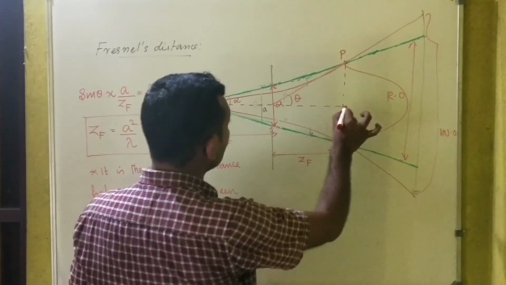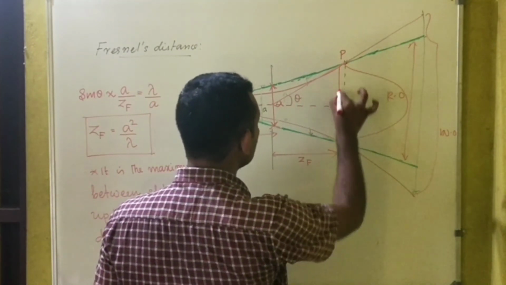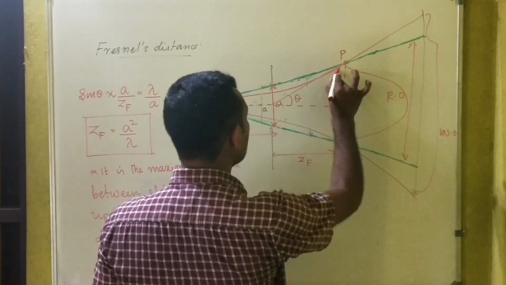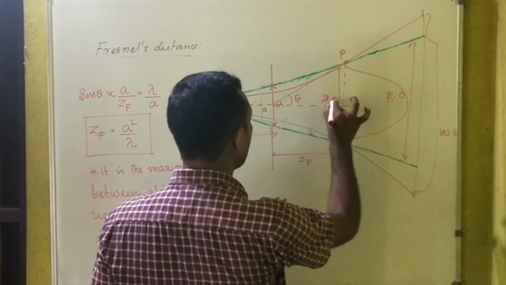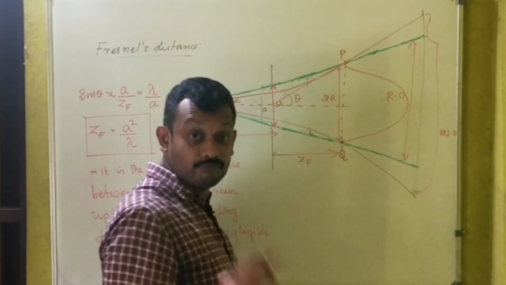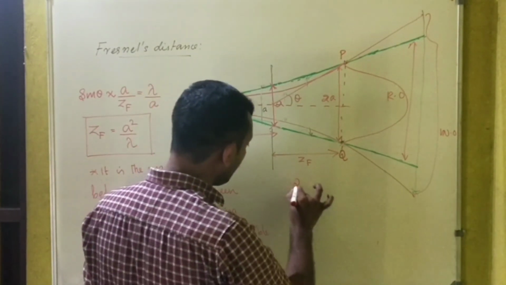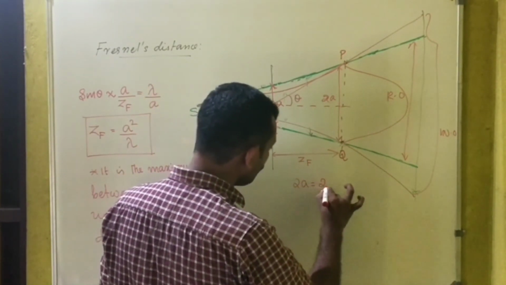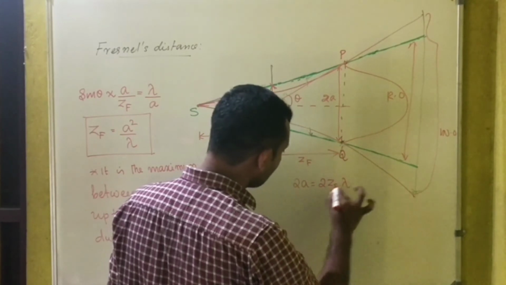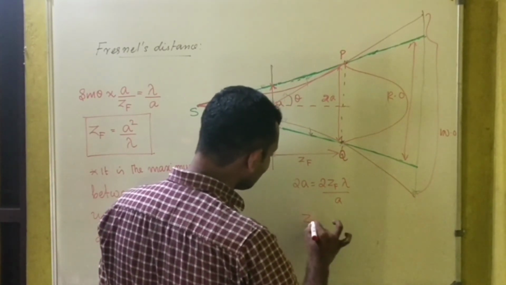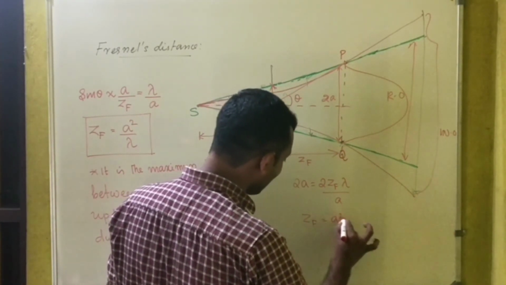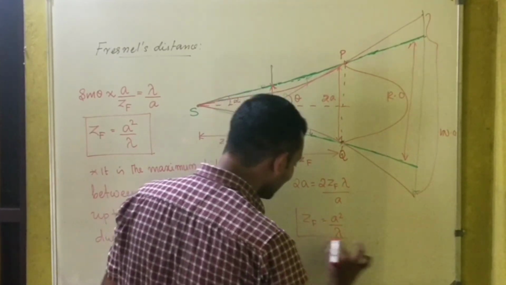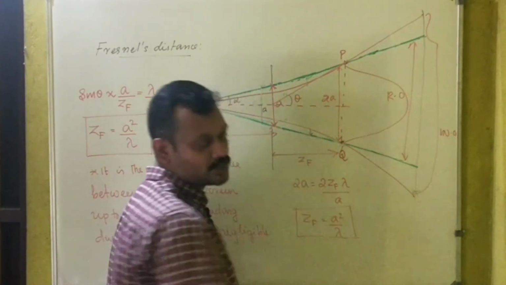In this case the width of the central maxima becomes 2A. At the Fresnel distance the width of the central maxima is 2A. That can also be written as 2 ZF lambda divided by A. Again I can prove ZF is equal to A square divided by lambda. That is another equation for the Fresnel distance.